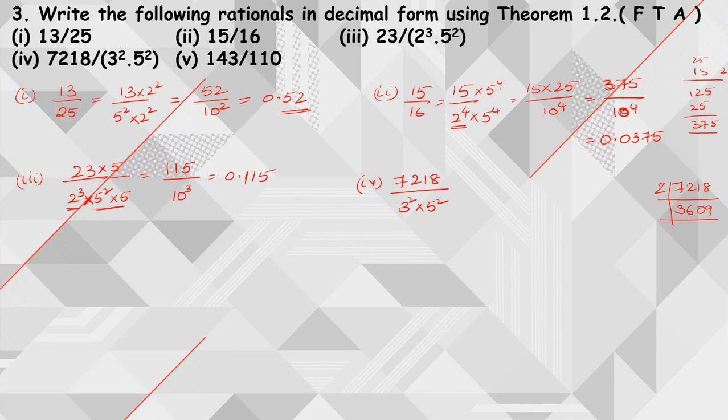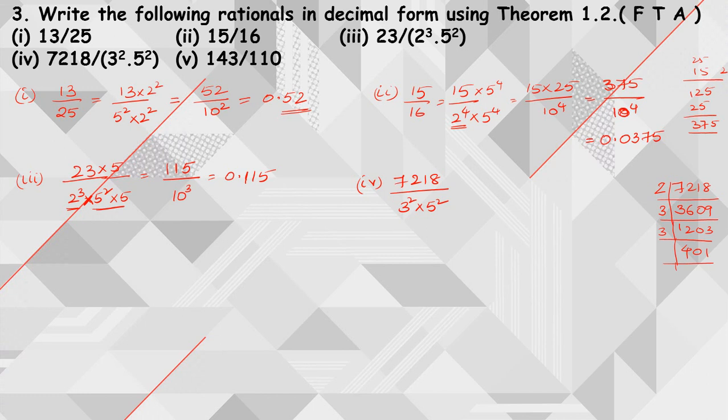So this becomes 3609. Followed by 3: 3 1s are 3, 3 2s are 6, 3 3s are 9. Again in the 3 table, 3 4s are 12, 3 1s are 3. Next this 401.